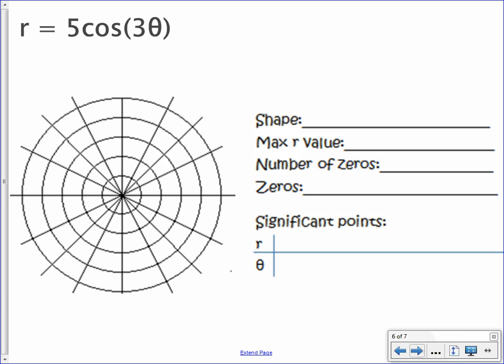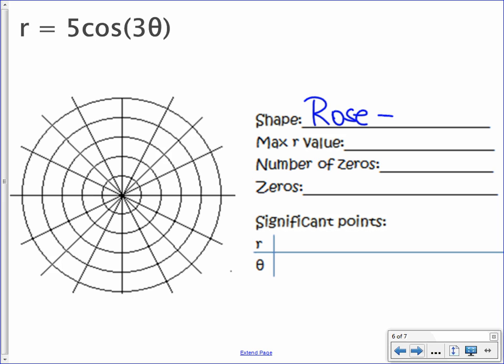Okay, so here's our first one. We'll start with a cosine. Cosine ones are nice. Remember I do have that graph paper if anyone needs to grab it. So first of all, shape, obviously it's a rose, but I do expect you to put how many petals we have.